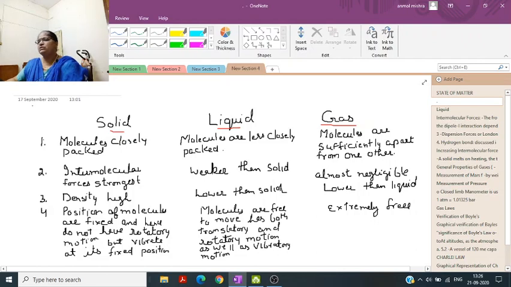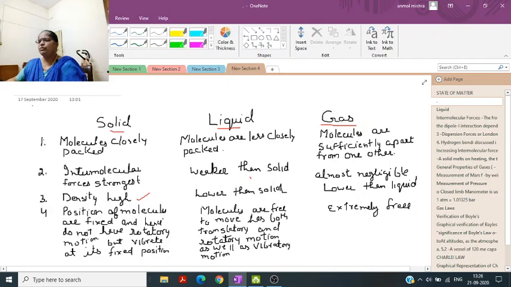Intermolecular forces in solid strongest, in liquid weaker than solid, and in gas almost negligible force of attraction. Density in the case of solid is high, in liquid it is lower than solid, and gases lower than liquid.